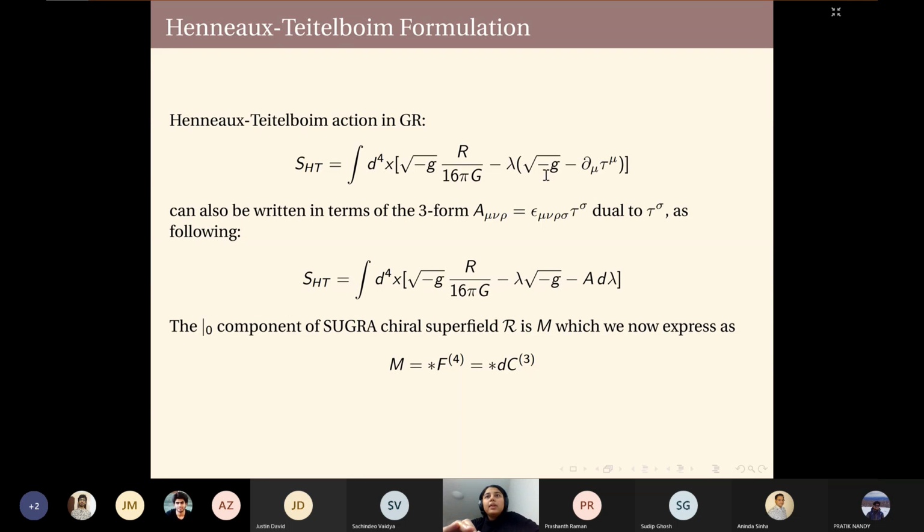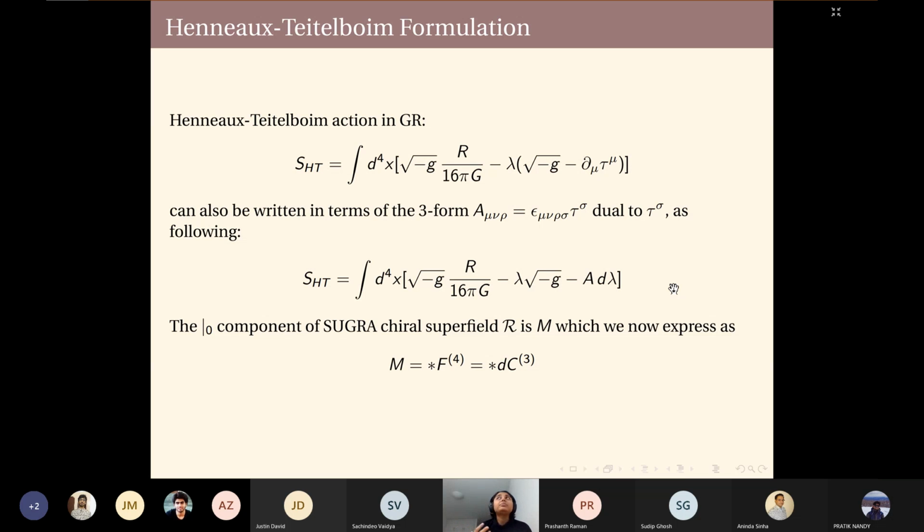So here, by doing some integration by parts, I can transfer this derivative from tau to lambda, and then write it in terms of another field A, which is a 3-form dual to tau. And now 3-forms are ubiquitous in flux compactifications.